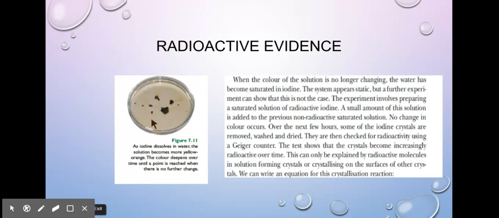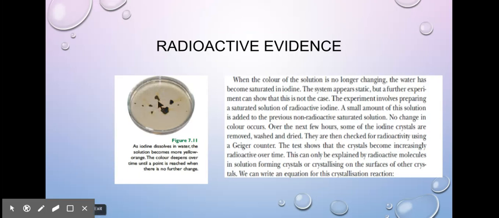So this is now a radioactive solution because the first lot was radioactive. This is now a radioactive solution, and we're putting in here some unradioactive iodine in here. So what's happening here is that you're still getting the dynamic equilibrium.